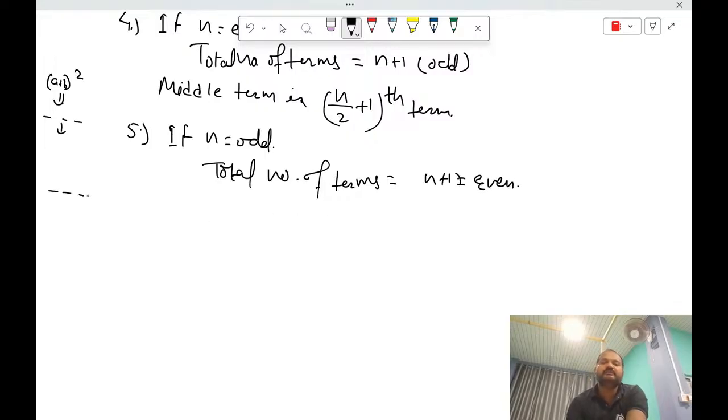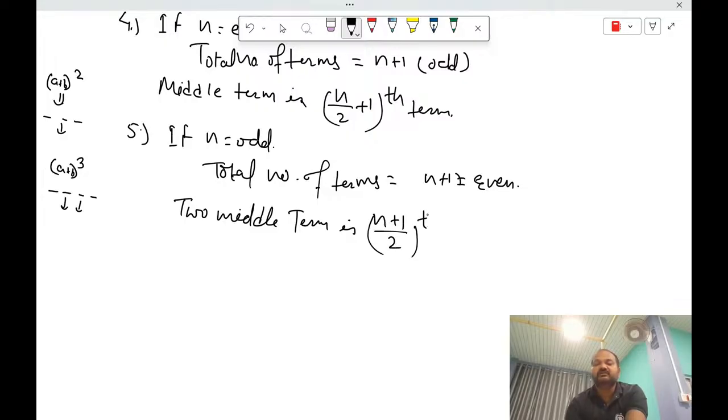For example, (a plus b) to the power 3 has 4 terms, so the second and third terms will be the middle terms. There will be 2 middle terms. Which terms are they? With n equal to 3, (3 plus 1) by 2 and (3 plus 3) by 2: the ((n plus 1) by 2)th term and the ((n plus 3) by 2)th term will be the middle terms.